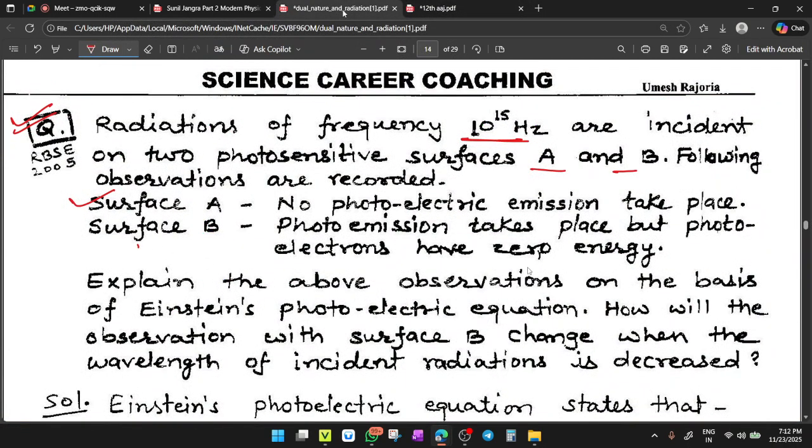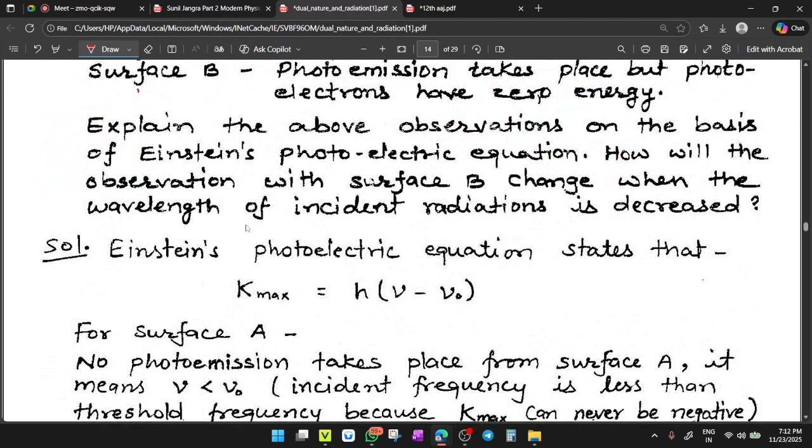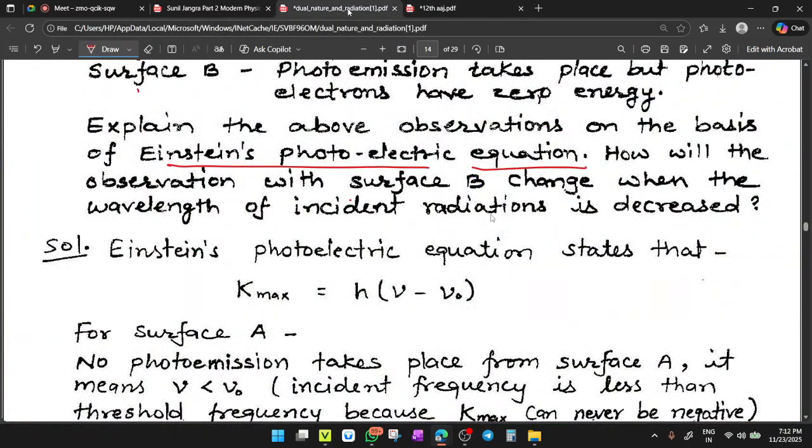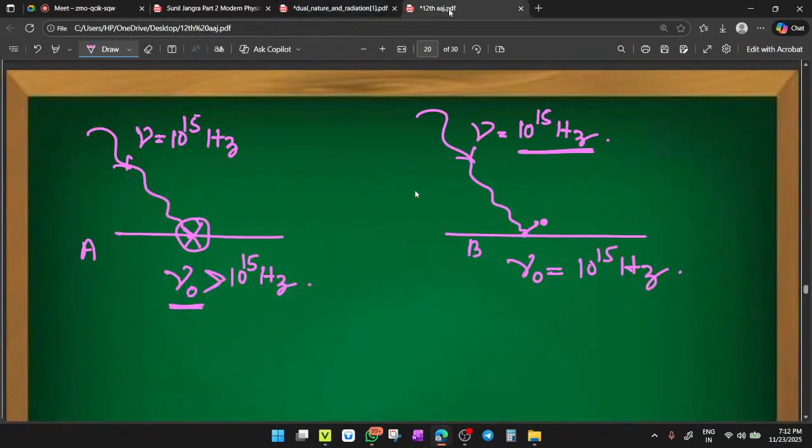For surface B, explain the above observation on the basis of Einstein's photoelectric equation. How will the observation with surface B change when the wavelength of the incident radiation decreases? Okay, so see here, as E equals h nu, which is h c upon lambda, as you decrease the wavelength, the whole term increases, so frequency will increase, because nu equals c upon lambda.